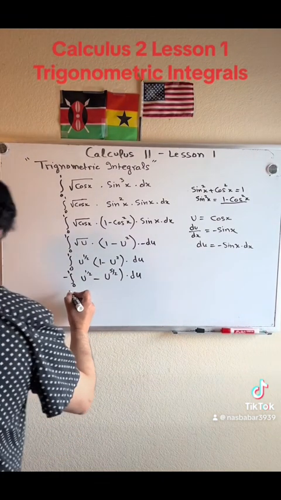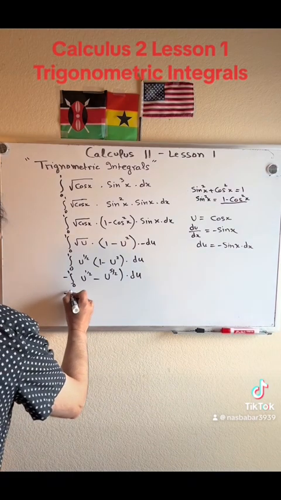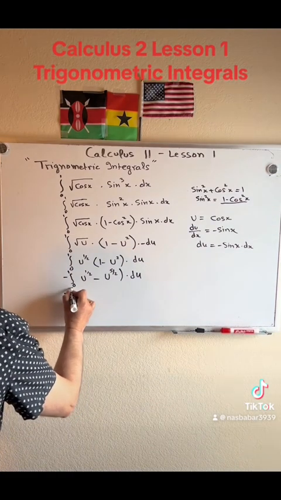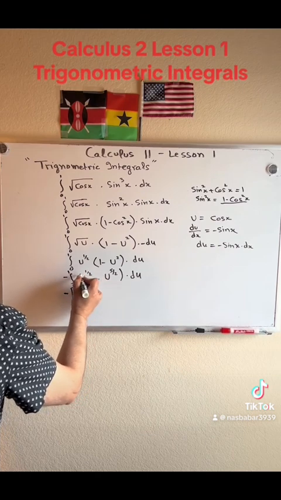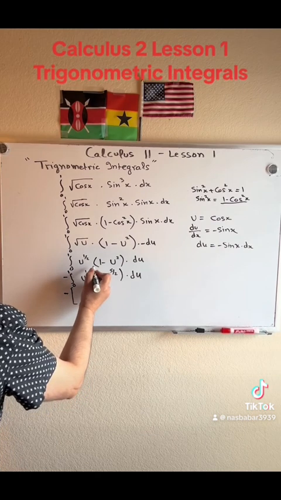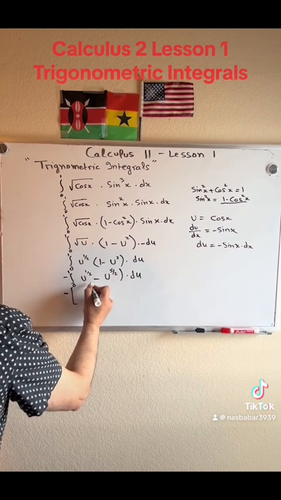All right. So now you take the integral of this. When you take the integral of this, this minus sign stays right here. And you take the integral of u to the half using n plus 1 divided by n plus 1.